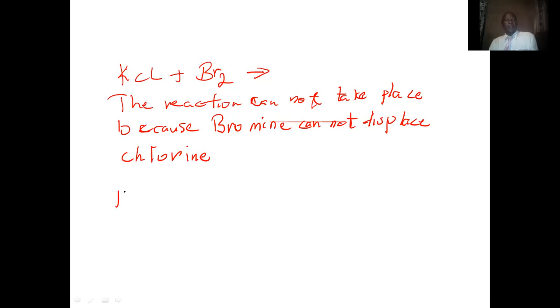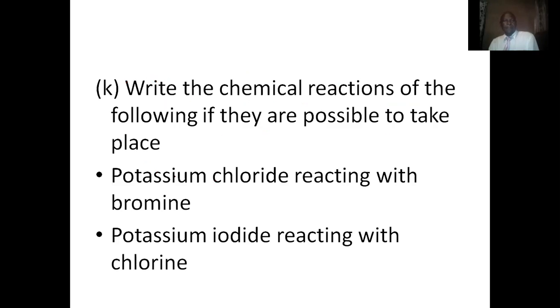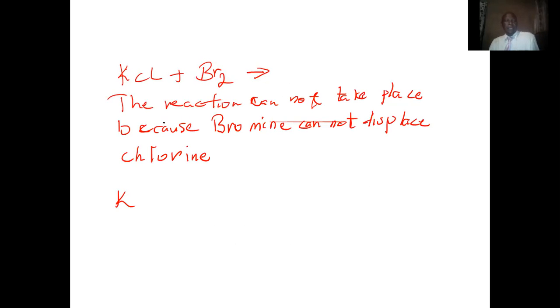While the reaction of potassium iodide with chlorine: potassium iodide plus chlorine, you are going to get potassium chloride plus iodine. And balancing this one, we're going to have 2 here, and there you're going to have 2.